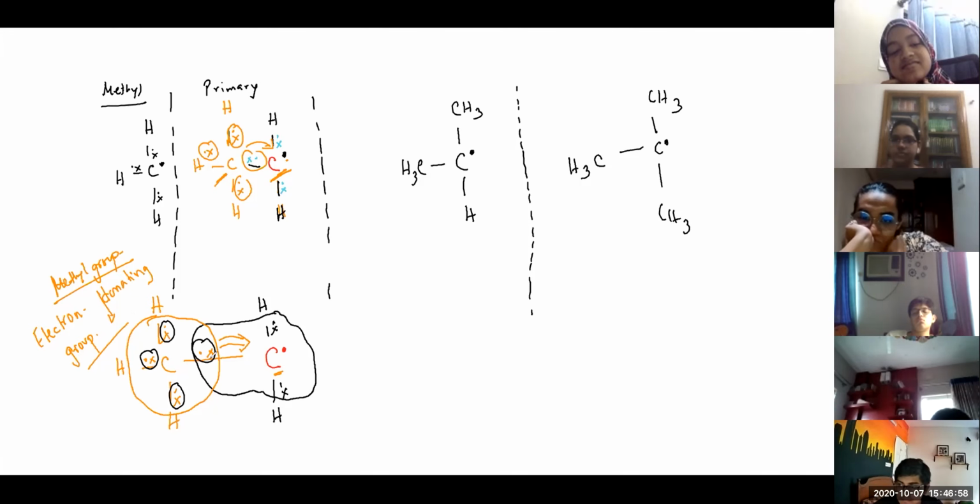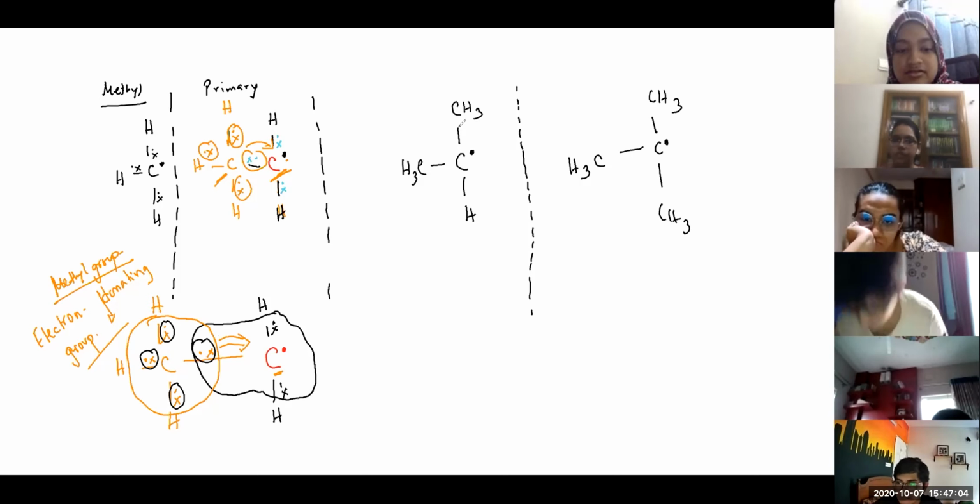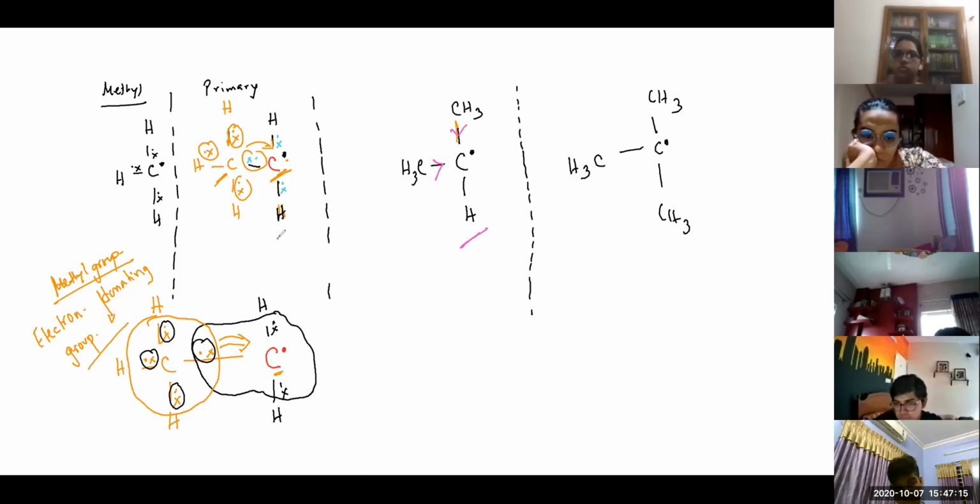So now instead of one group donating electron, here how many groups are donating electron? 2. So is its hunger more than primary or less than primary? Less than primary. Acha. And then we have 3 R groups donating electrons.